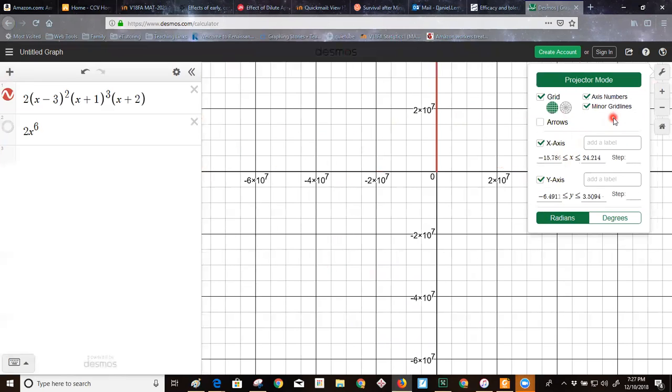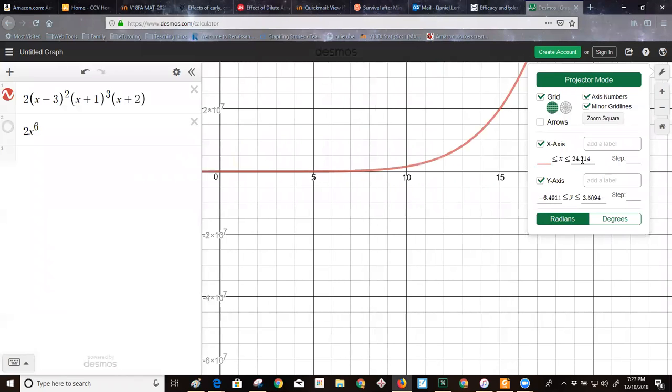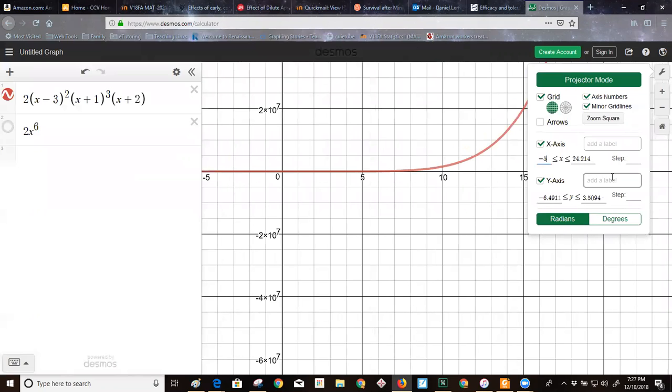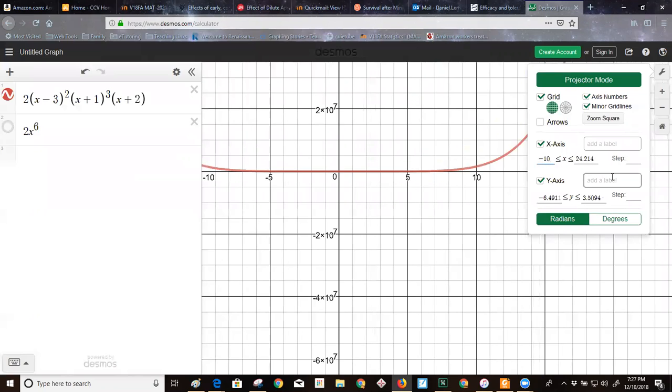Let's see here. Sorry, I've got to go back so I get the mouse. I think I was able to do negative 5. Maybe we need to go to negative 10, and positive 10.